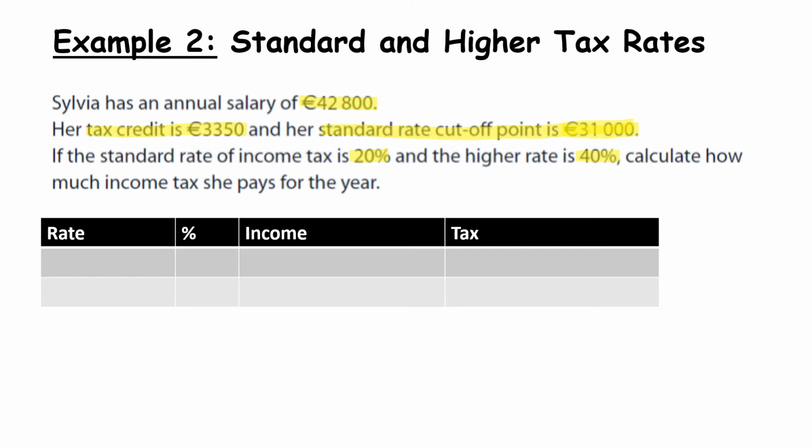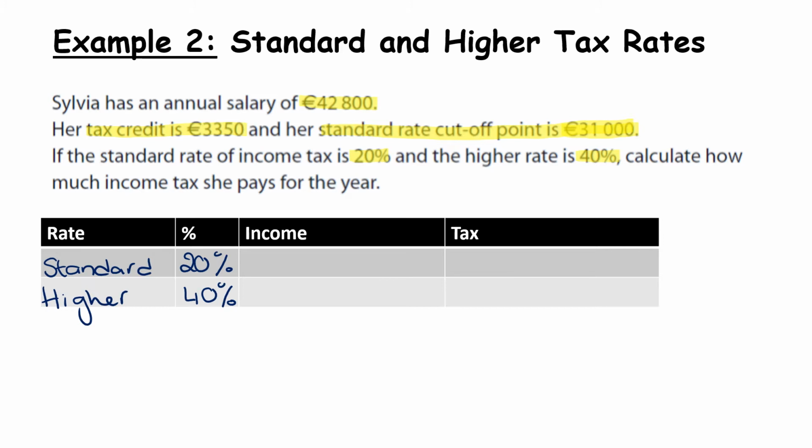Okay, so the first thing I'm going to do is I'm going to fill in that we have 2 rates. So the 2 rates are known as the standard rate and the higher rate. The standard rate is 20% in this question and the higher rate is 40%. Now, it's important that we understand how we split out the income. So when there are 2 rates of tax, we are usually given what's called a standard rate cutoff point.